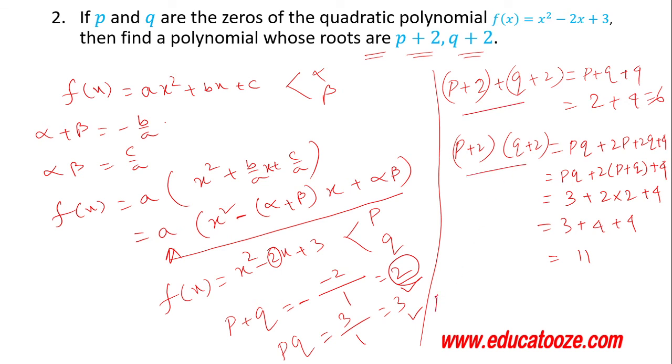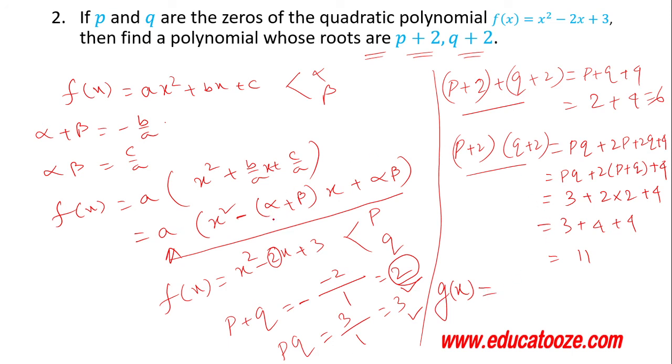So we got the sum of the roots and the product of the roots, and we can easily generate the polynomial. What is the way to generate the polynomial? Using the zeros, as we have seen. Say this polynomial is denoted as g of x.